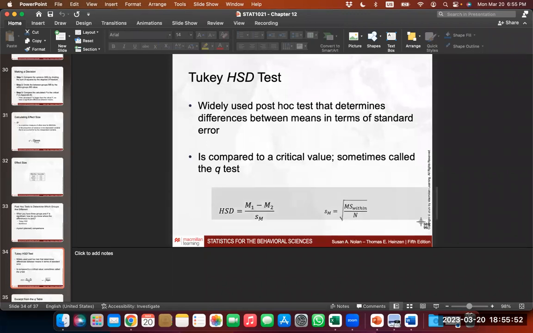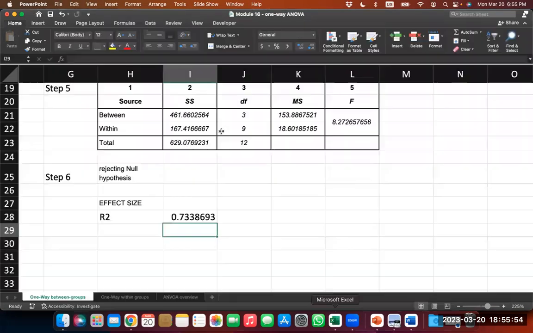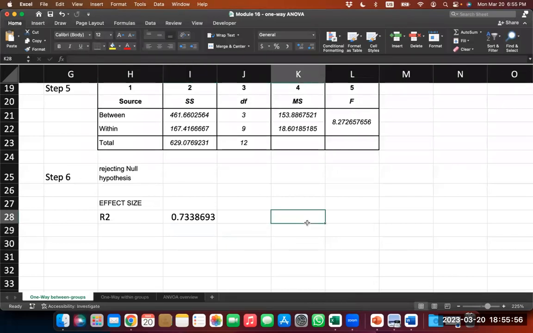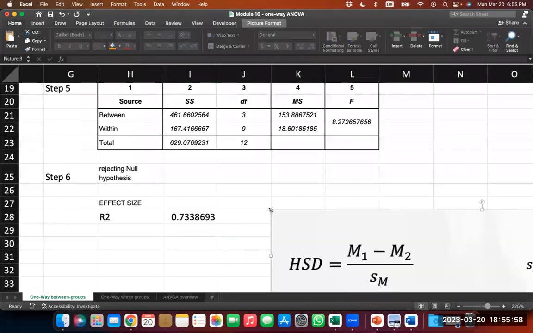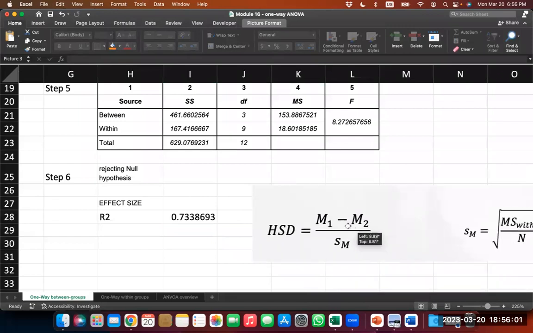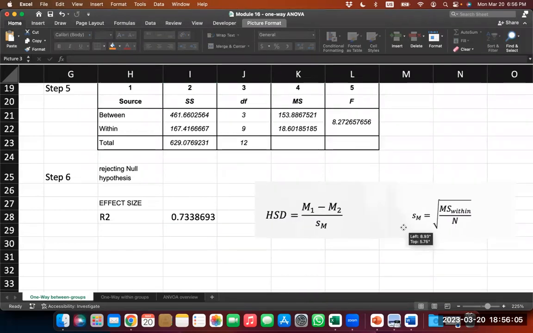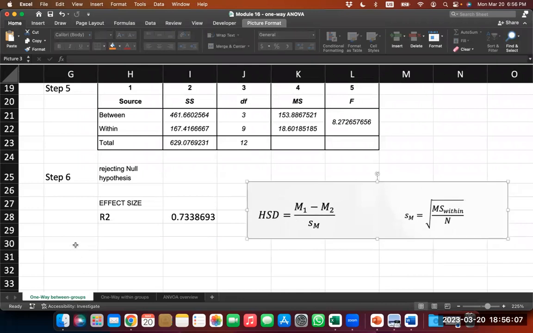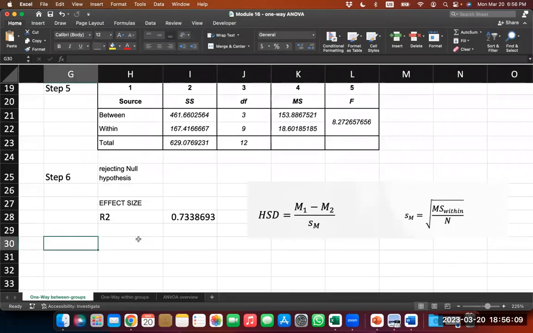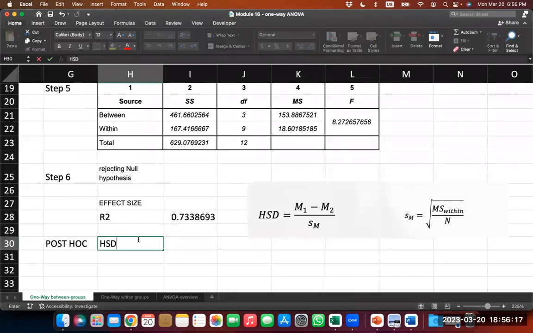So if we do this for our example, let's copy this over. Now we're doing post hoc. Now we do HSD.